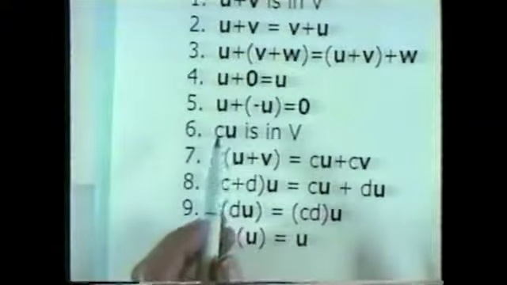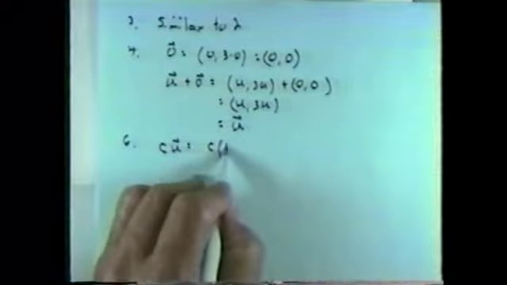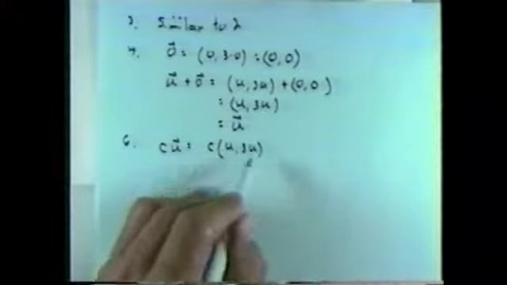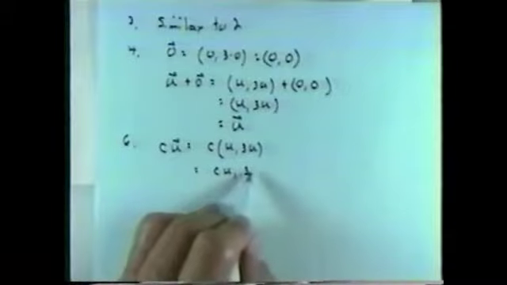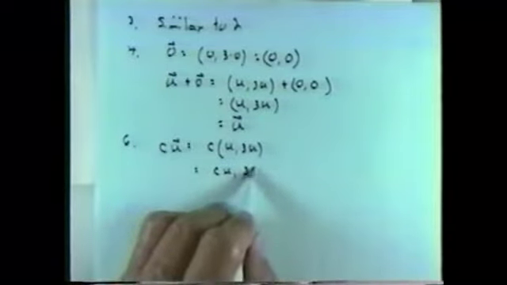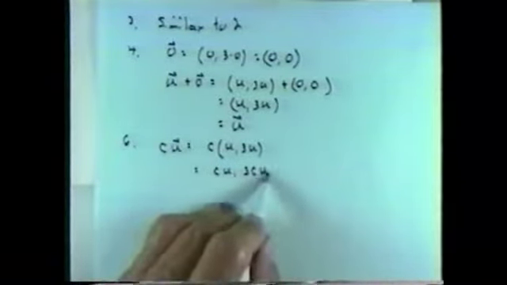Property 6 is to show that we have closure with respect to scalar multiplication. So if I pick any c, I can say that cu is going to be c times (u, 3u), which is going to be (cu, 3cu).